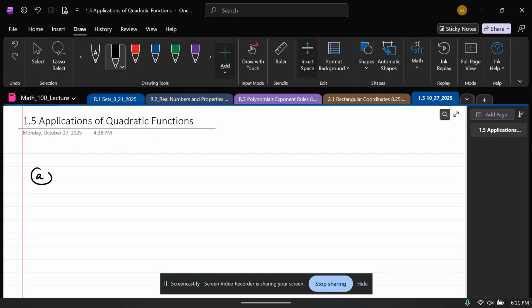Example A. A rectangular poster has an area of 216 square inches.